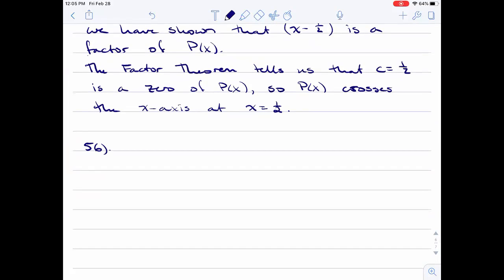Let's do it. So we've got p of x is x to the 4th plus 3x to the 3 minus 16x squared minus 27x. Wow, they really went all out. 27x plus 63.